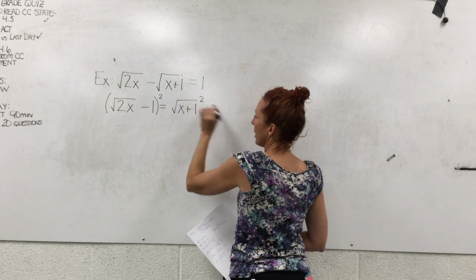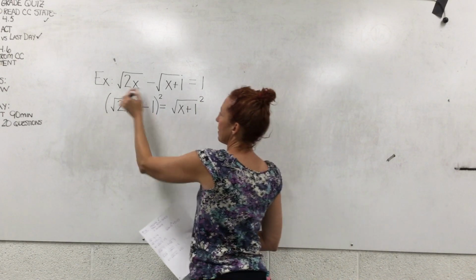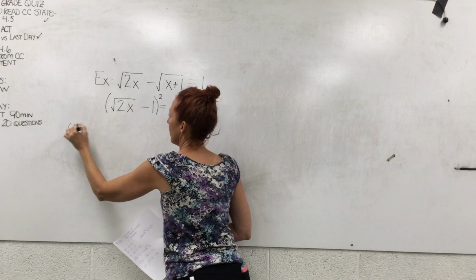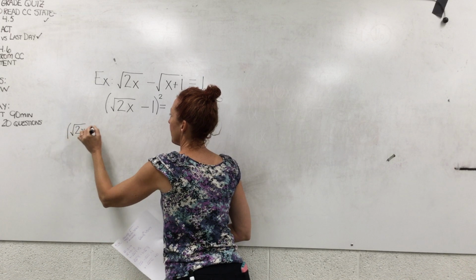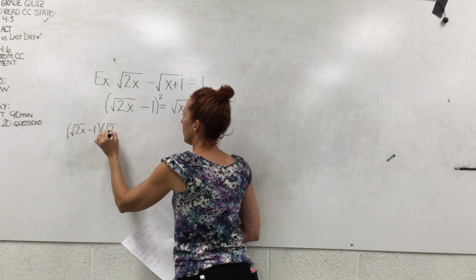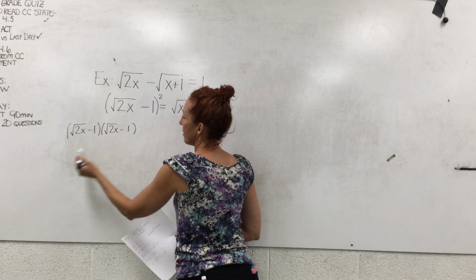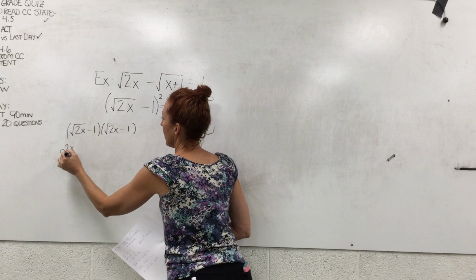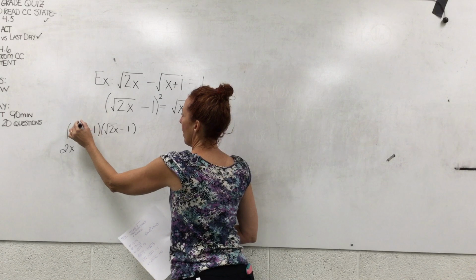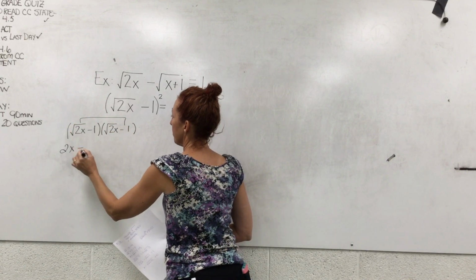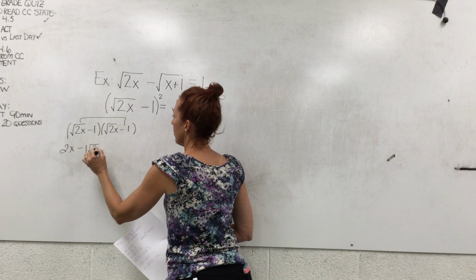So I'm going to square both sides, which means this is the piece I need to FOIL. So radical 2x minus 1 times another radical 2x minus 1. So that times itself just breaks that free. And then the outside piece is minus 1 radical 2x.